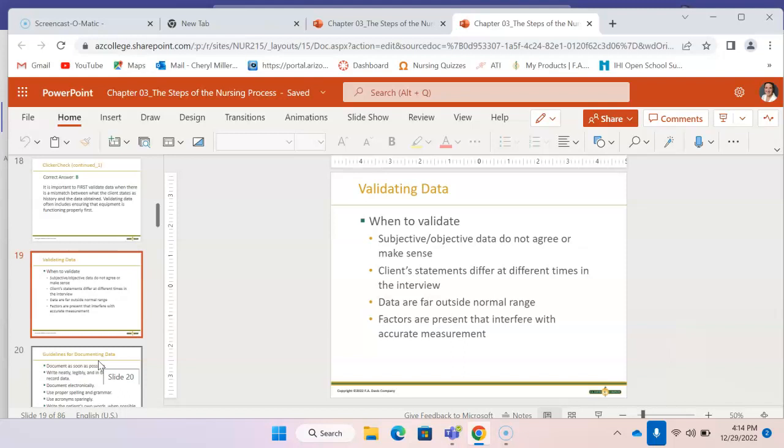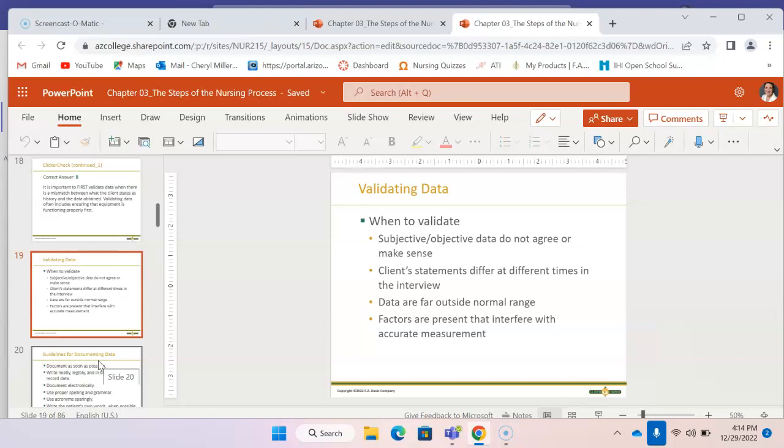If the subjective and the objective data do not agree or do not make sense, like my German patient who's in pain but won't tell me he is, and my blood pressure is telling me something different, sometimes I need to think about why the statement might differ at different times in the interview. Data might be far outside the normal range.